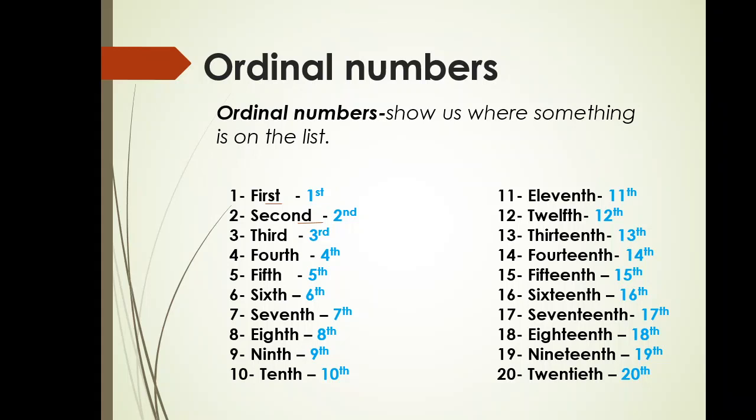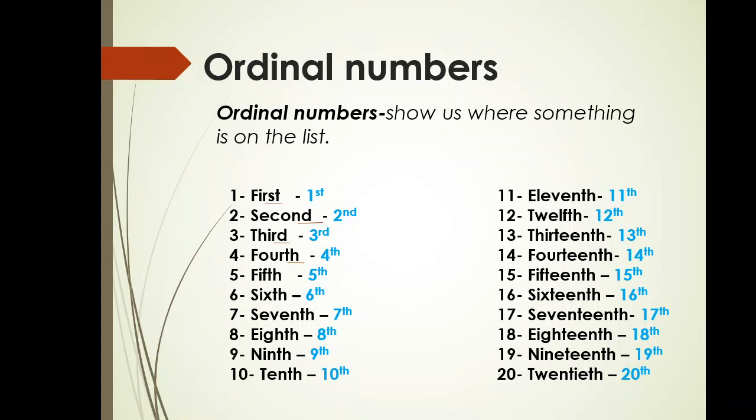And then third, you again put the last two letters of the word. You first write the number 3 and then the last two letters of the word. So you take the R and D. And then fourth, you do the same.